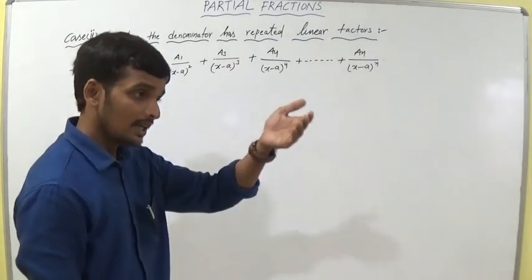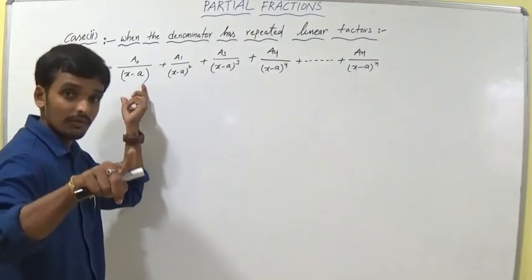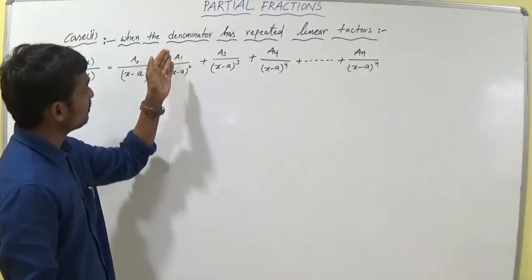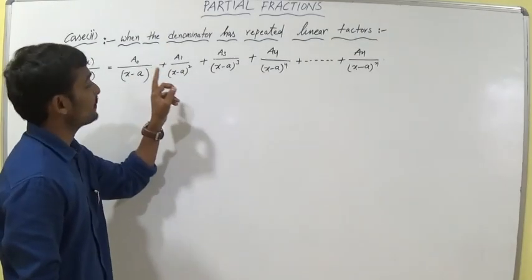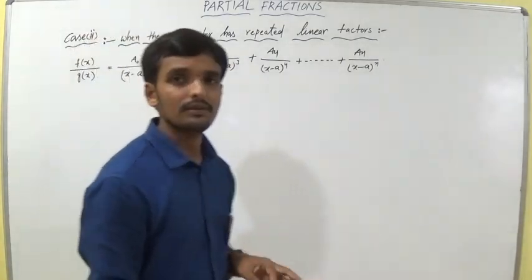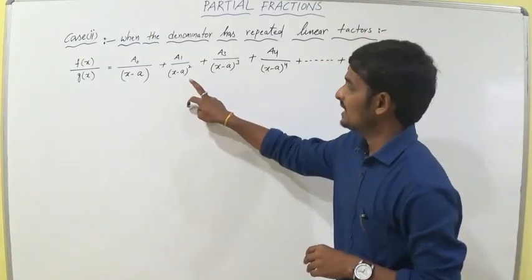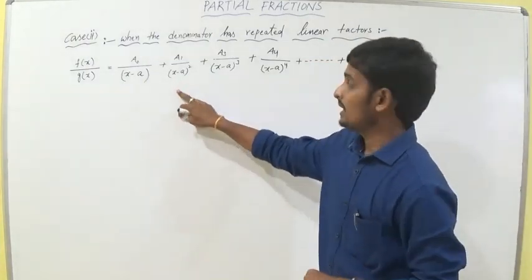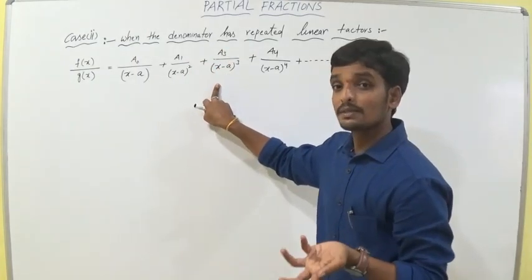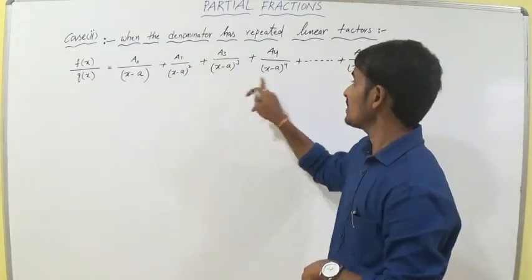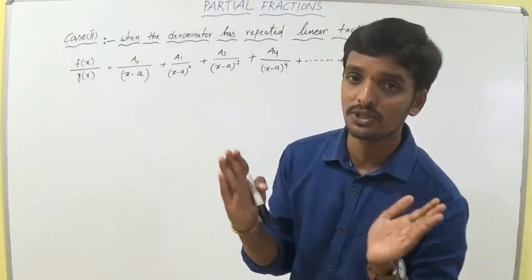The first, a naught by x minus a, is one of the partial fractions, plus a1 by x minus a whole square. x minus a is a factor of x minus a whole square, x minus a whole square is a factor of x minus a whole cube, and x minus a whole cube is a factor of x minus a whole power 4. We are writing partial fractions, that means decomposition of the fractions.